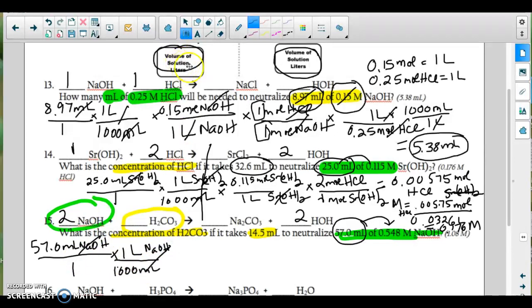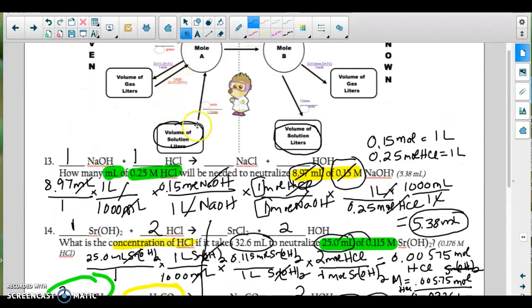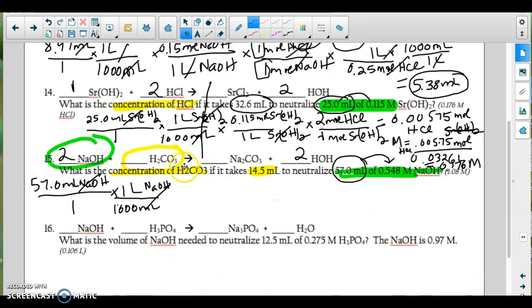Now I'm ready to use my mole map, and I'm going to use the molarity to get to moles. My molarity is 0.548 big M, which means I have 0.548 moles of sodium hydroxide per 1 liter of sodium hydroxide.